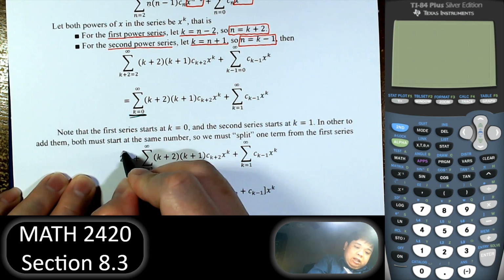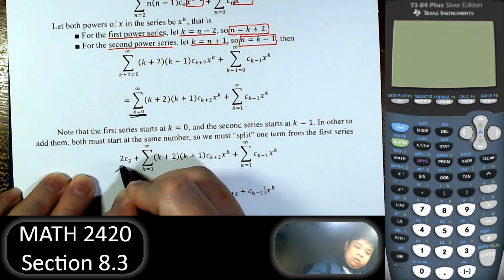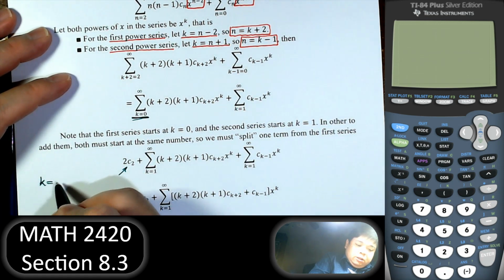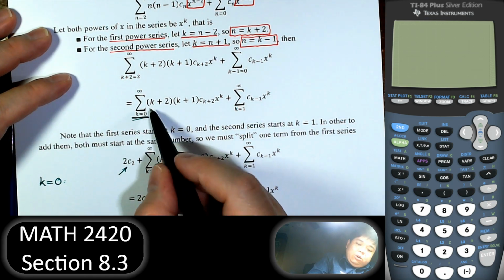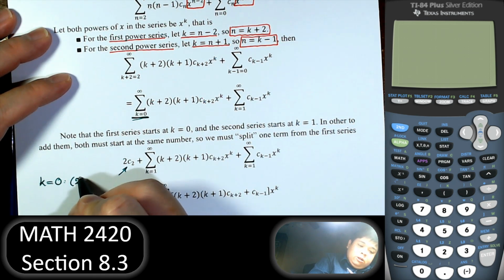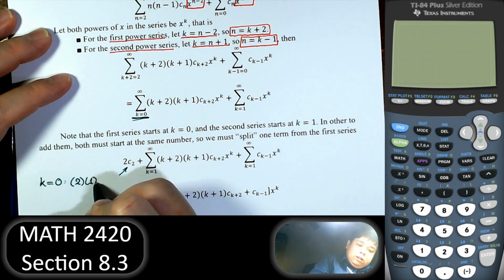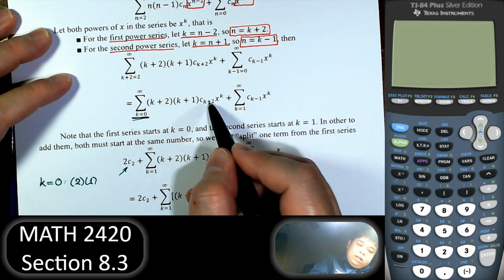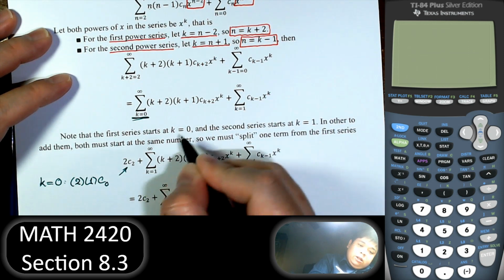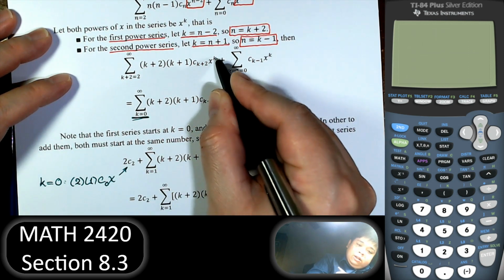Now if we split one term, this is going to be at k equal to 0. When k equals 0, putting 0 in here, we have 2 times 1 times c of 0 plus 2, x to the 0.